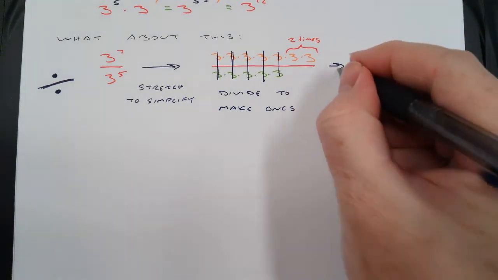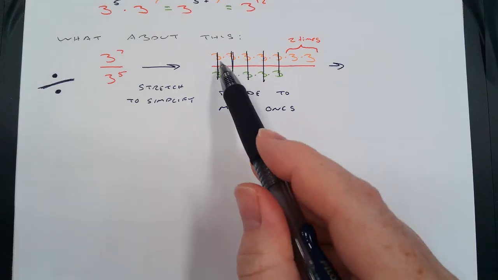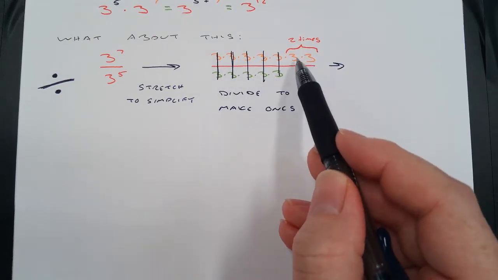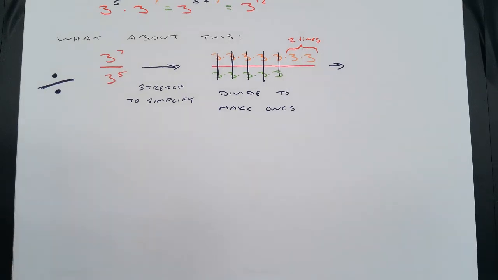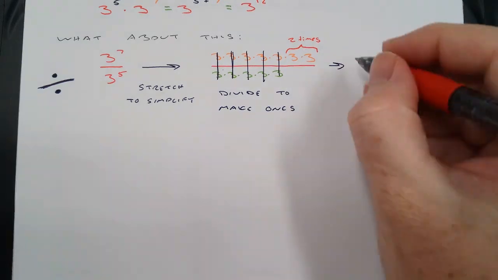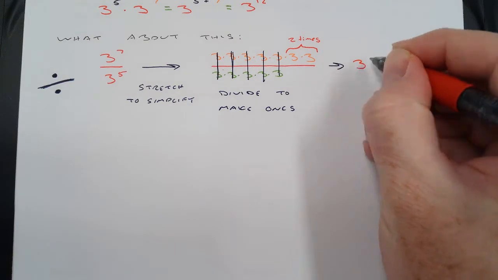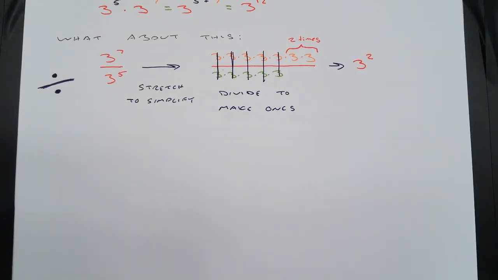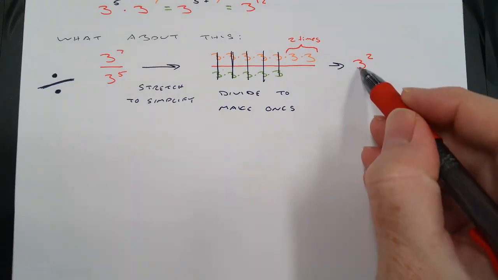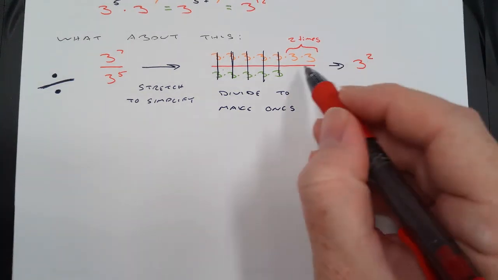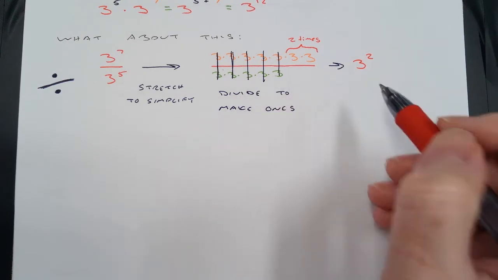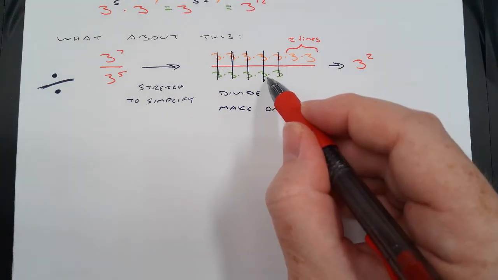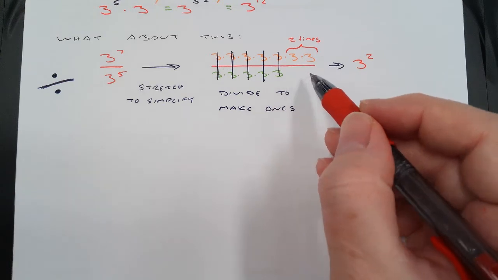So after we cancel and make all the 1s, we are left with 3 two times. And 3 two times can be written like that, as an exponent. 3 two times is just 3 squared, and there's only 1s in the denominator, so we don't need to write the denominator if it's only a 1.